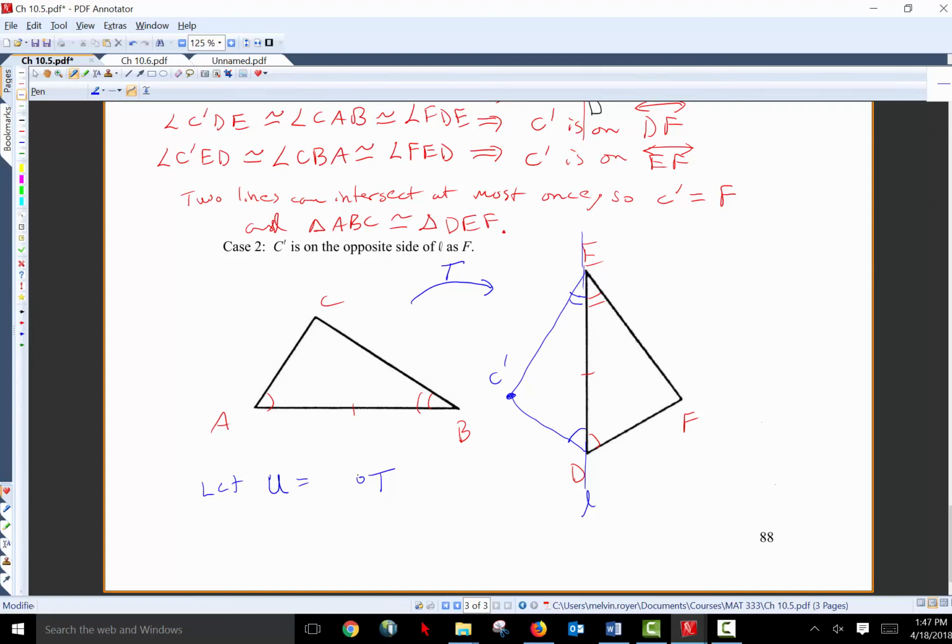But then when I finish with that, I'm going to reflect it across line L. And so when I do both of these things in that order, the original ABC triangle goes to the blue triangle, gets flipped across to triangle DEF. And if I let C double prime, say, be U of C, it's going to end up over here.